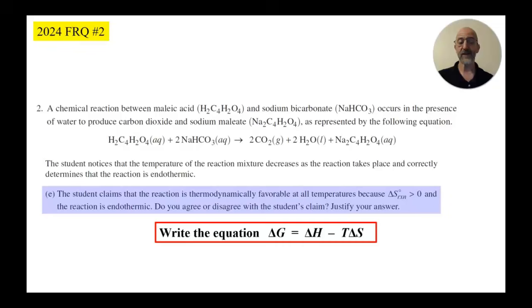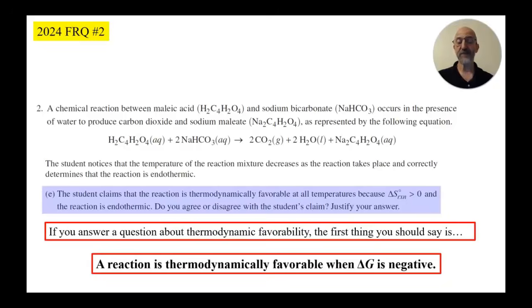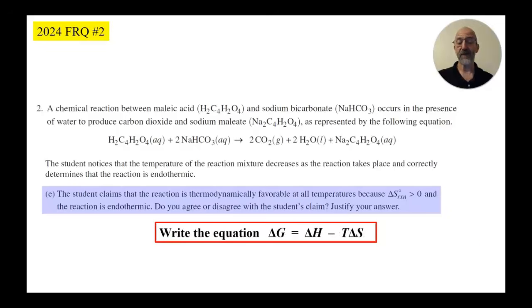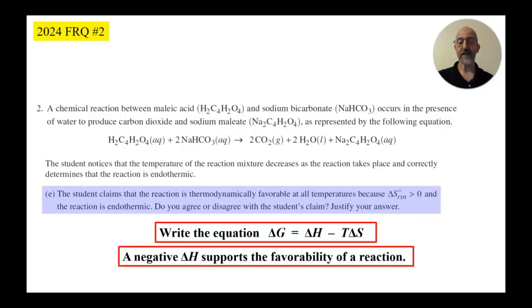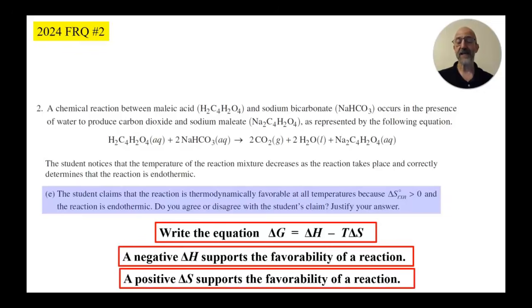Delta G equals delta H minus T delta S. So you've talked about delta G being negative. It's thermodynamically favorable when delta G is negative. You've written the equation. The next thing to do is to connect the sign of delta H to the sign of delta G. And then similarly, connect the sign of delta S to the sign of delta G. So a negative delta H supports the favorability of a reaction. A positive delta S supports the favorability of a reaction.